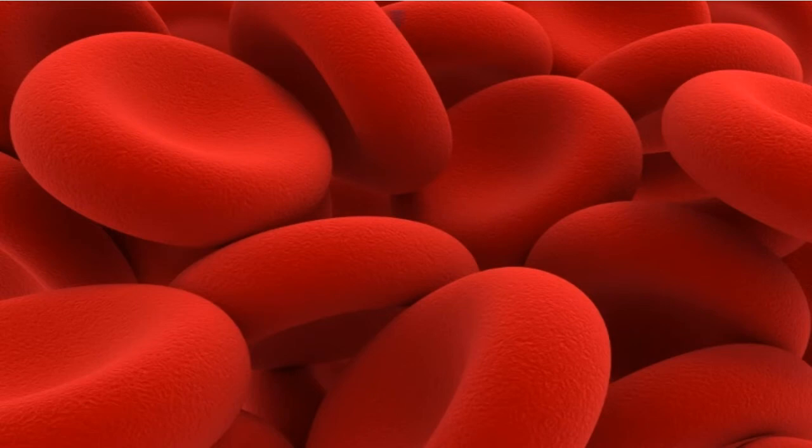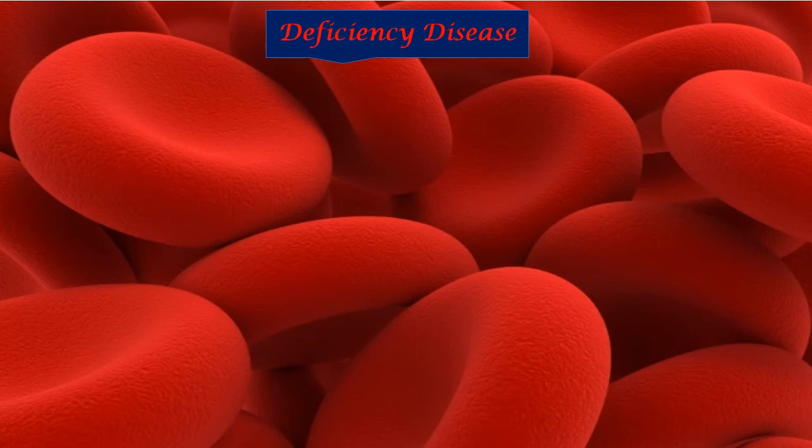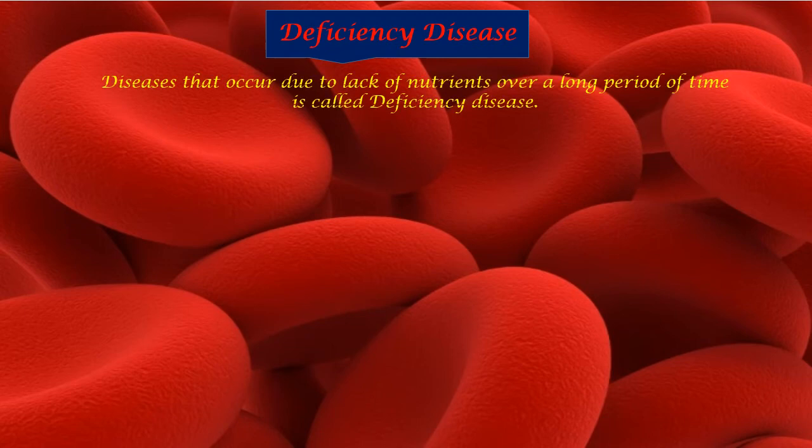Now let us see about deficiency disease. Deficiency is like lacking. Lacking of certain items will lead to diseases. So diseases that occur due to lack of nutrients over a long period of time are called deficiency diseases.